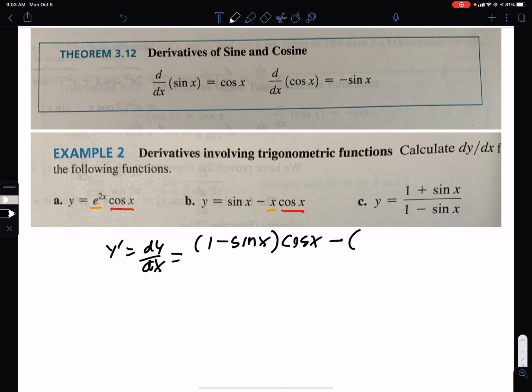Minus high, and don't forget to parenthesize it, the whole top one is high. Whoops. Let me fix that. That's ugly. So high d low, well, the derivative of 1 is 0, and the derivative of sine is cosine, but I have minus cosine. So let me put opposite cos x all over low squared.